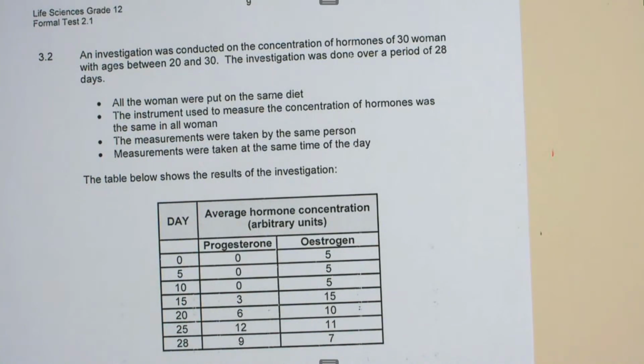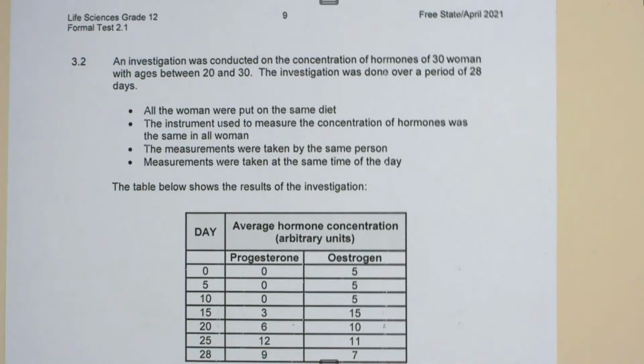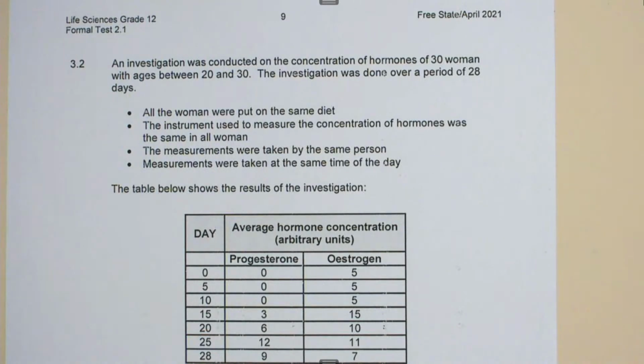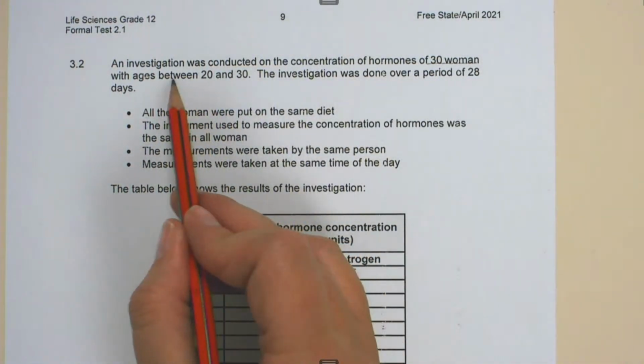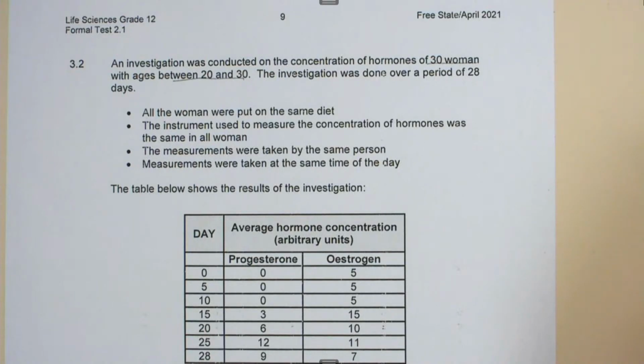Moving on to the last question. Let's see. An investigation was conducted on the concentration of hormones of 30 women aged between 20 and 30. The investigation was done over a period of 28 days.